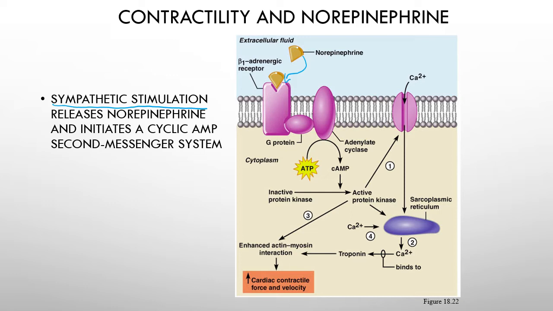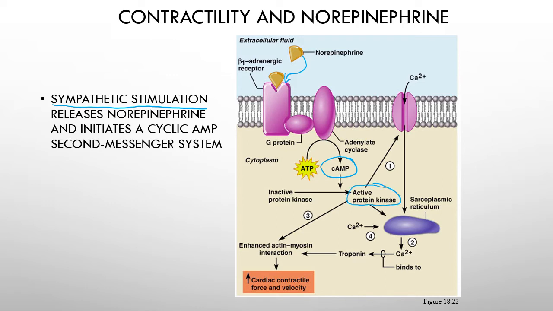That beta-1 adrenergic receptor is going to initiate a second messenger response, which leads to the second messenger cyclic AMP inside the heart. The norepinephrine does not come across the membrane. It's simply working with our G protein linked receptor, and that's going to lead to the production of our cyclic AMP. Cyclic AMP then serves as a catalyst to activate protein kinases.